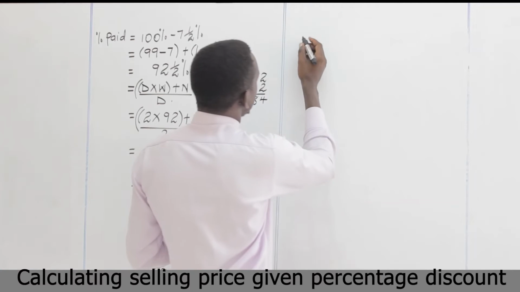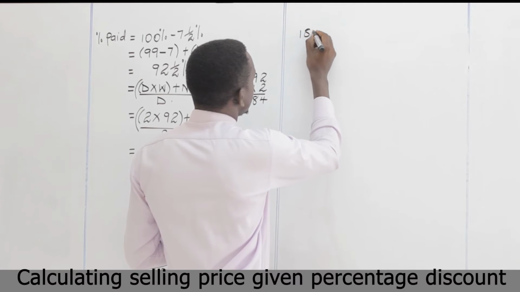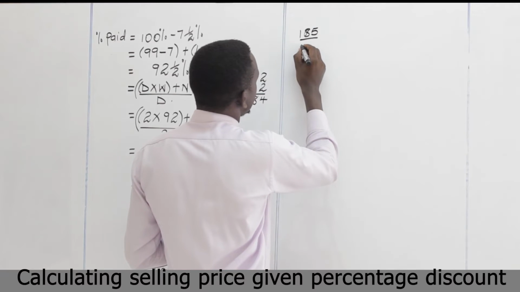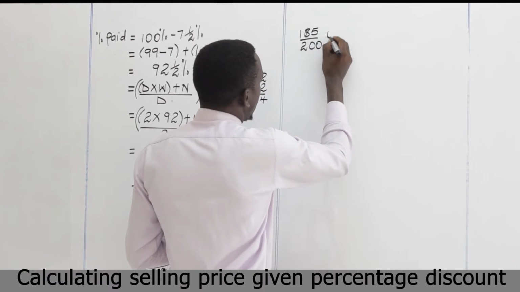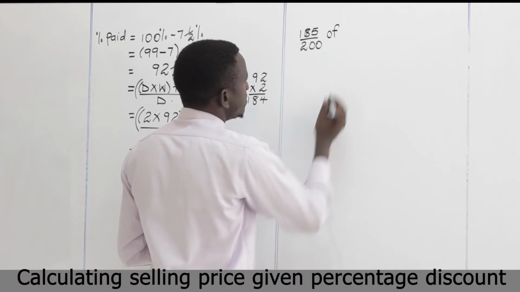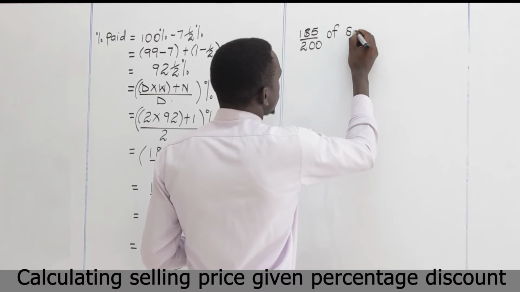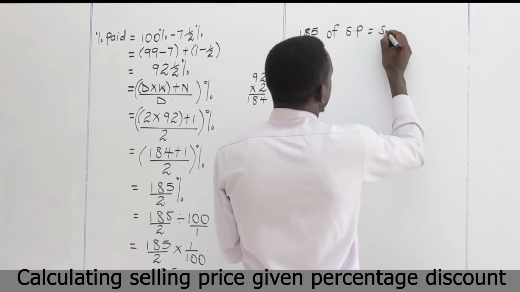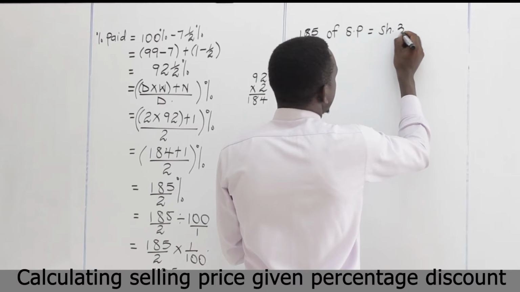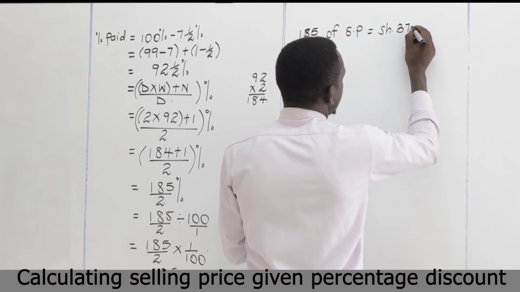So we shall have 185 out of 200 of the selling price which we are looking for at this time, which is equal to the amount he paid.